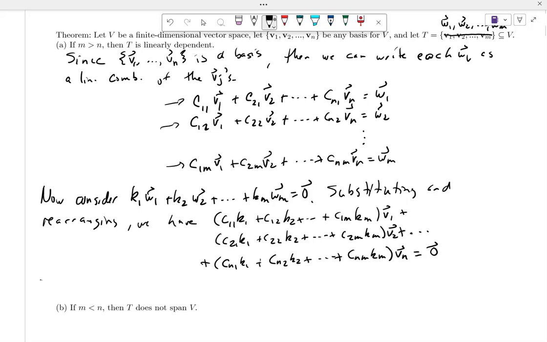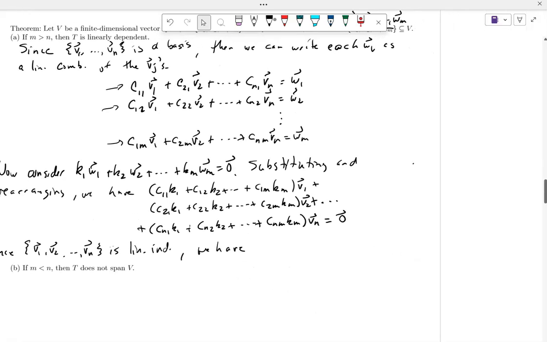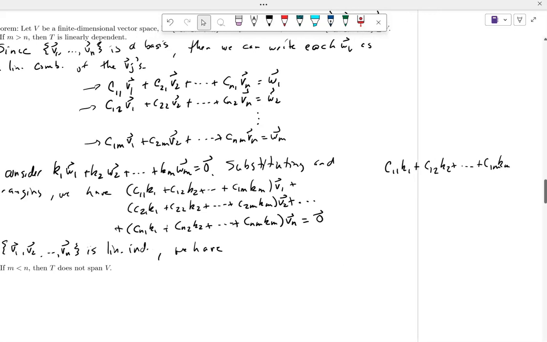So since our V1, V2 out to Vn is linearly independent, what did I tell you to start with? I wanted to create a system of equations, right? So that first coefficient has to be 0.